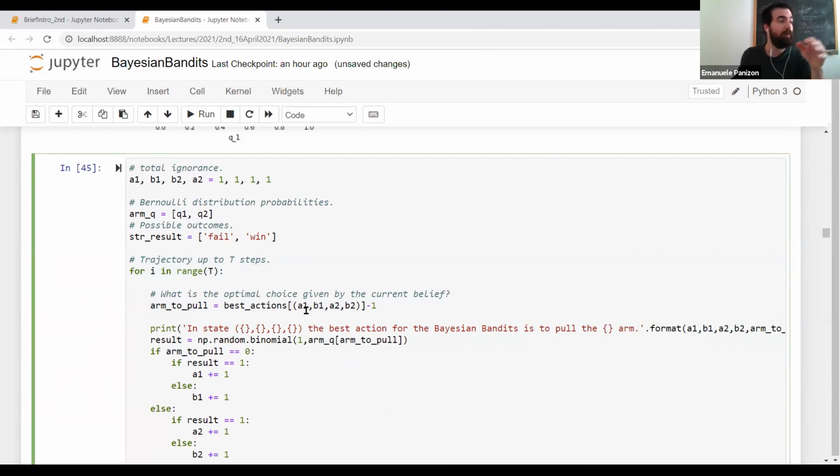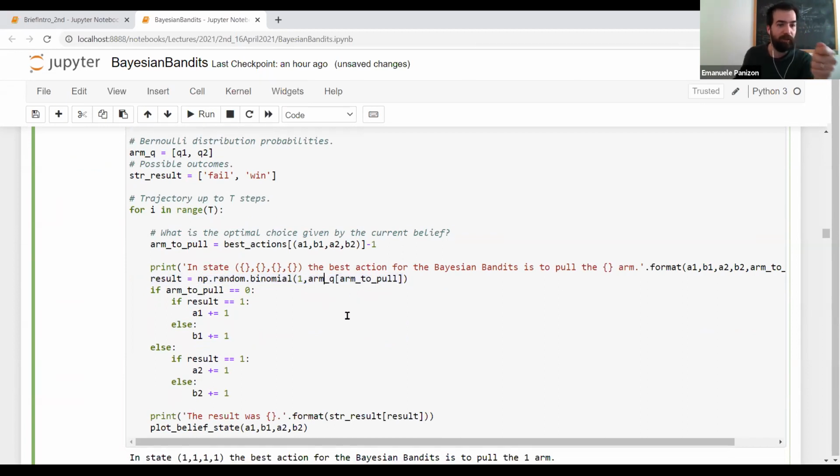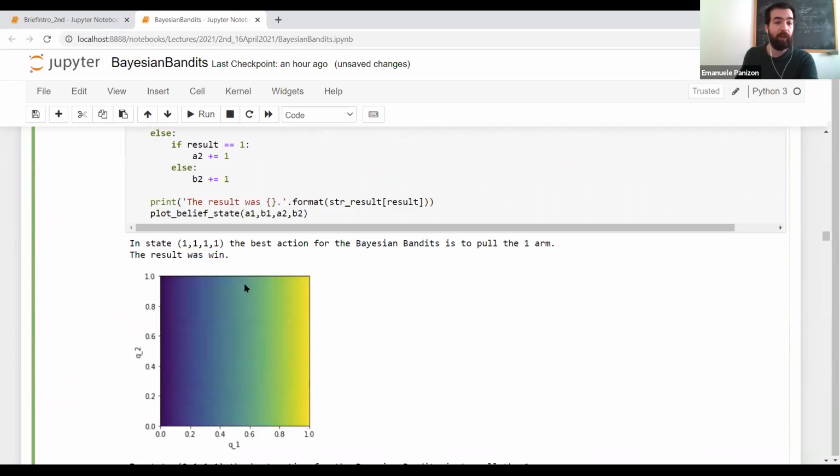So this is not a belief anymore. This is just one history of one instance. And I take the best action that I want to do following the solution in a Bayesian sense. And I just take the result of a random binomial with the Q1 I know that is there, and I either take arm 1 or 2, I collect the history, and I'm in a new belief world, and I use that belief for the optimal solution for that belief, and I apply it to my concrete example here, and I see where it goes.